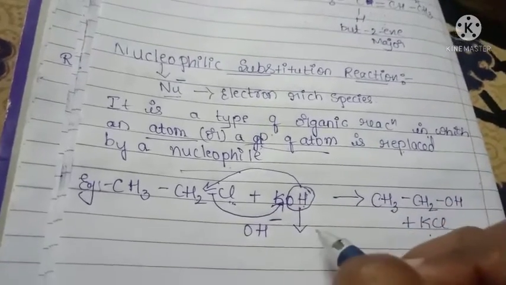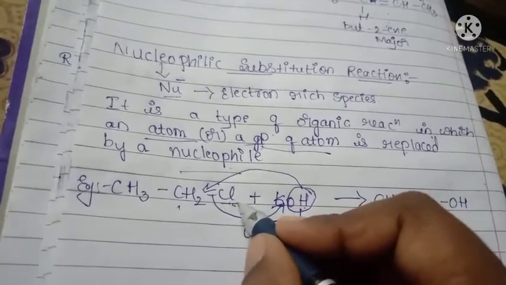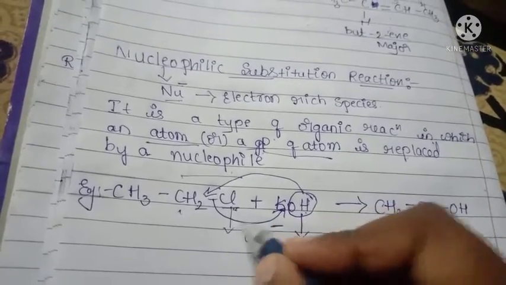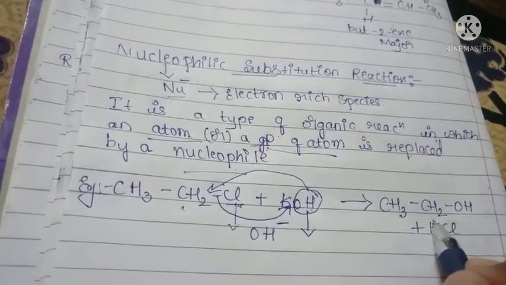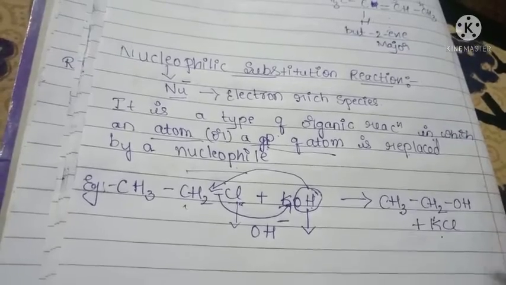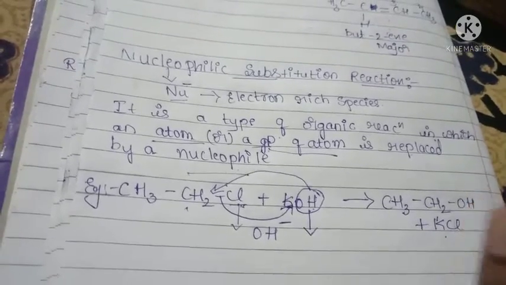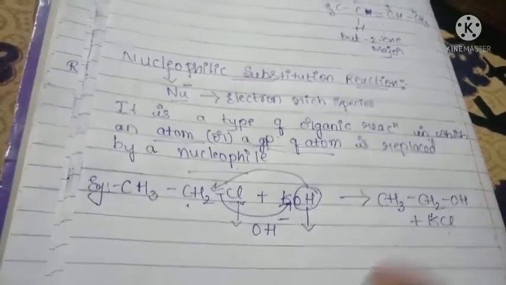The nucleophile is attached to the alkyl group and the atom that is replaced is called the leaving group. Finally it forms an alcohol. We are taking OH as the nucleophile, so the product is an alcohol. This is all about the example of the nucleophilic substitution reaction, how it takes place.